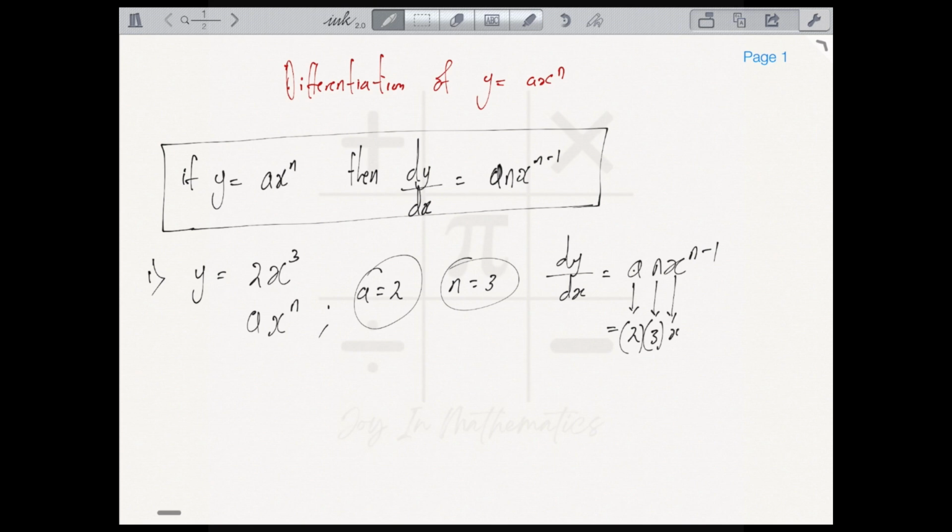We have our x and our n, which is 3 minus 1. So our dy/dx will be 2 times 3, that's 6x raised to power 3 minus 1, which is 2. Therefore, if y is 2x raised to power 3, then our dy/dx is 6x squared.